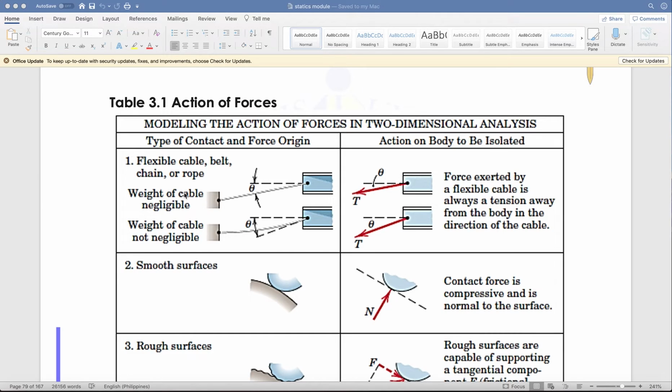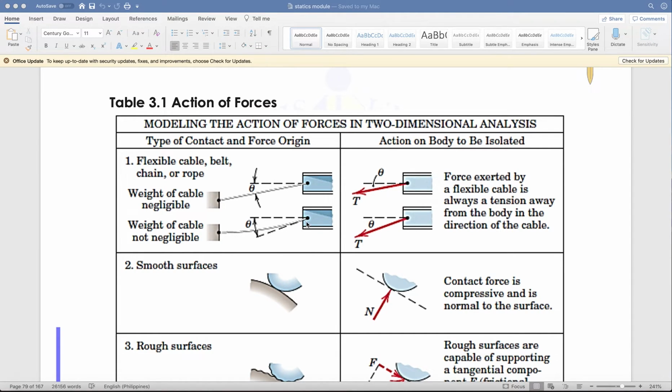If the weight of the cable is negligible, we can treat the cable as a straight line, so we can conclude there is an angle. But if the weight of the cable is not negligible, then we are going to have a parabolic curve.